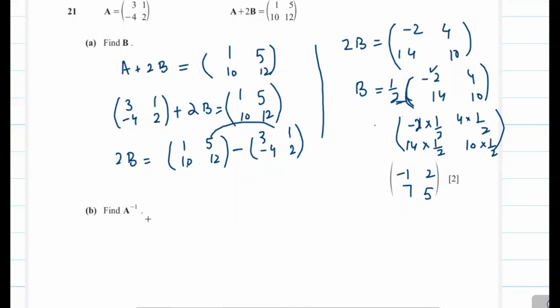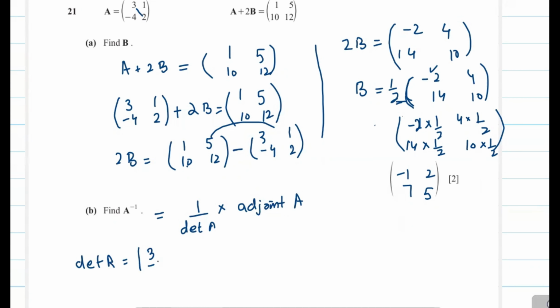Now find A inverse. The formula of A inverse is equal to 1 over determinant of A into adjoint matrix of A. Now you see here, determinant of A will be equal to, you see here this is the A. Now you will cross multiply.